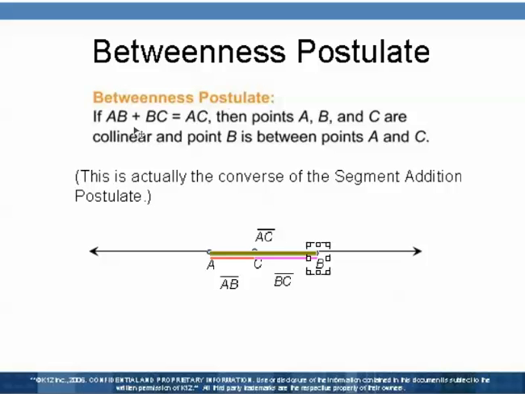It says if AB plus BC equals AC, then points A, B, and C are collinear. Remember, they're all on the same line, and point B is between points A and C. That's what it means. Did I put these in the wrong place? I did, I'm sorry.